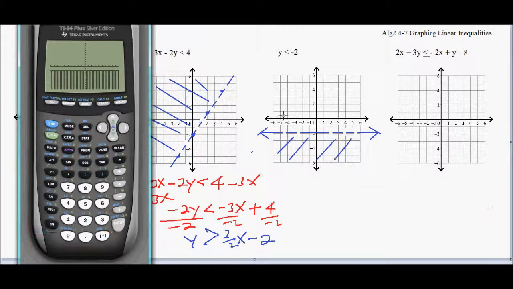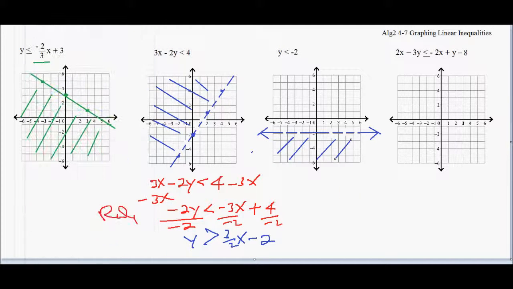Okay. Now the final one's just a little, all we're going to do is move stuff around. So I'll use this color. So I got 2x minus 3y is less than or equal to minus 2x plus y minus 8. So I'm going to put the y's over on this side.